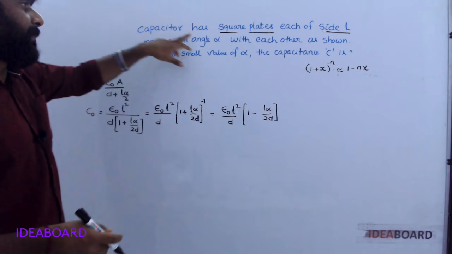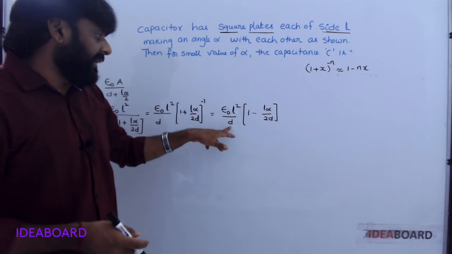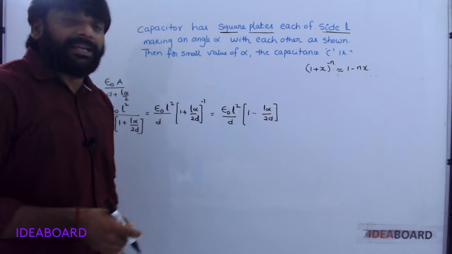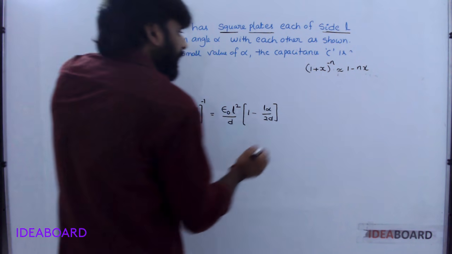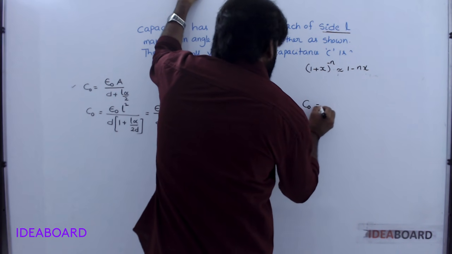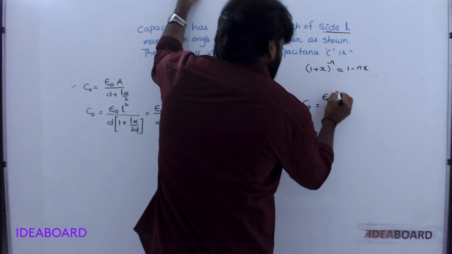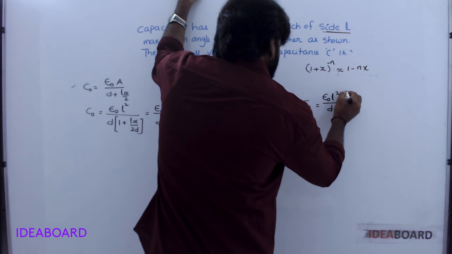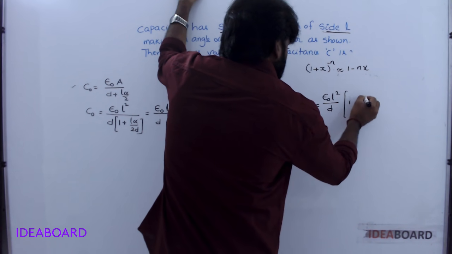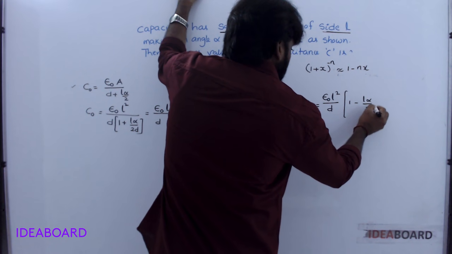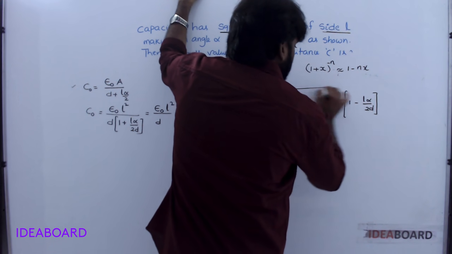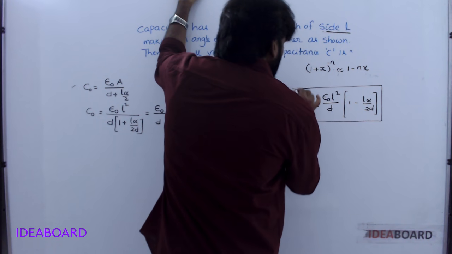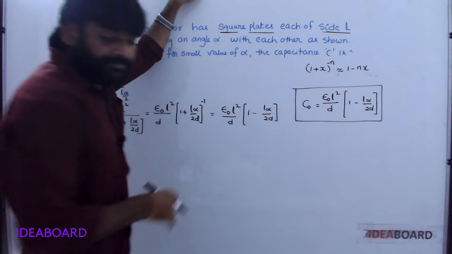So the capacitance is equal to epsilon naught L square by D into 1 minus L alpha by 2D. Okay, this one.